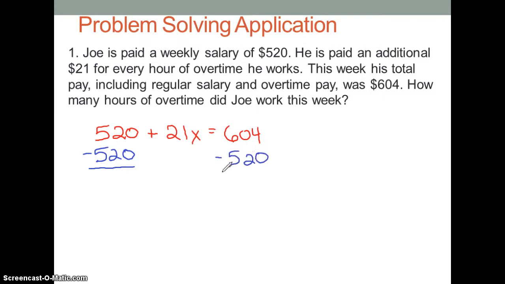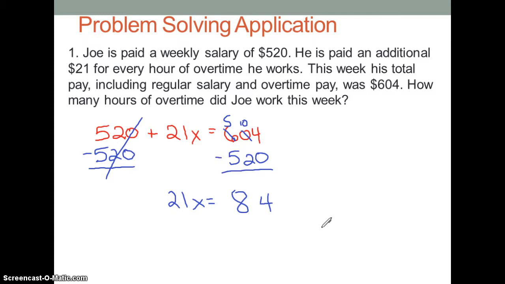Whatever you do to one side, you do to the other. So these will cancel out, and you're left with just 21x. And on this side, you subtract, and you get 4, borrow to make that 10, and an 84. So now we have 21x equals 84.